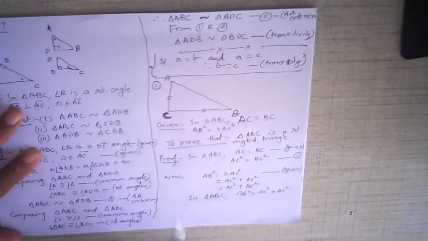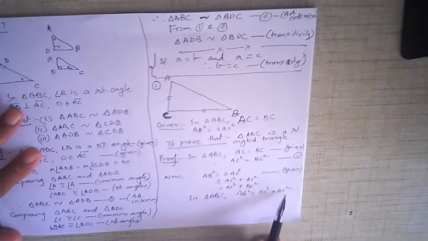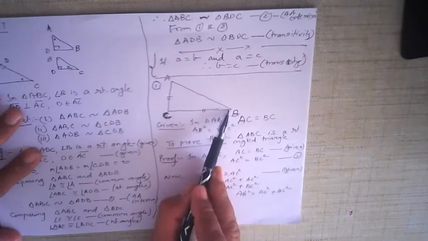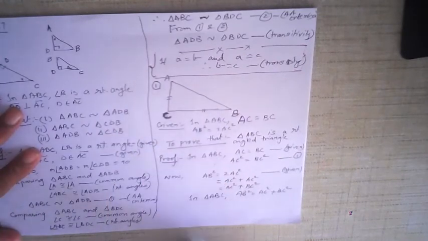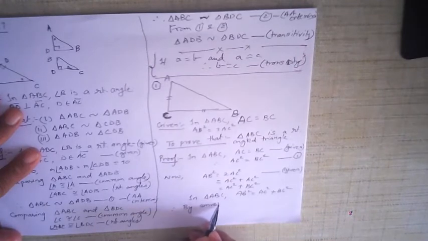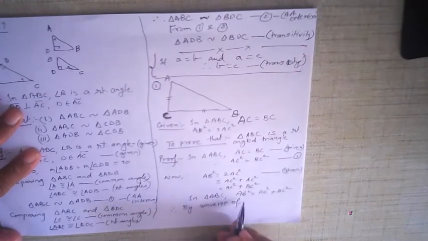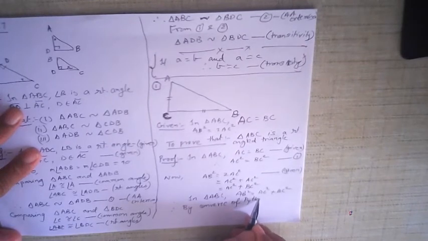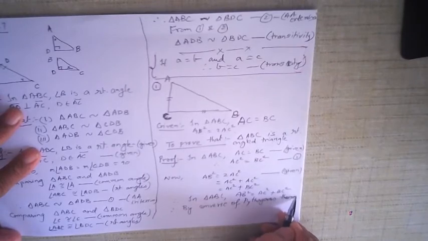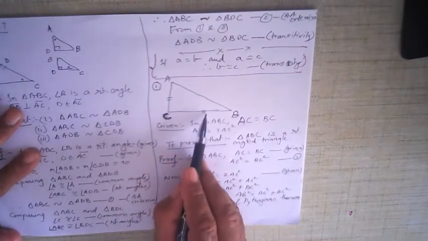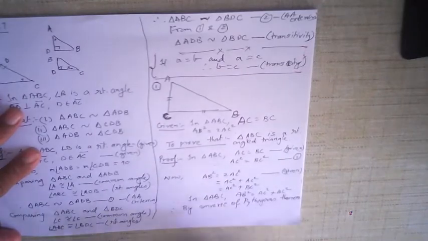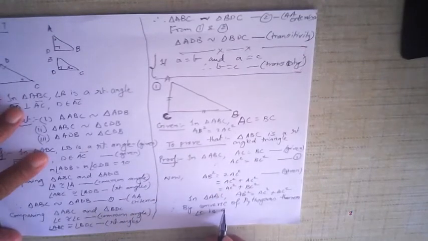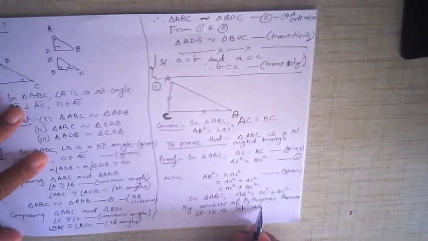Now look at the triangle. In triangle ABC, AC square plus BC square is equal to AB square. Therefore, by converse of Pythagoras theorem, if AC square plus BC square is equal to AB square, angle C is a right angle.